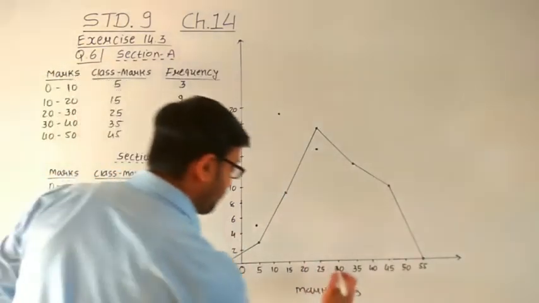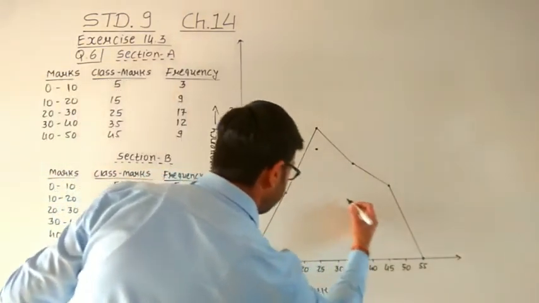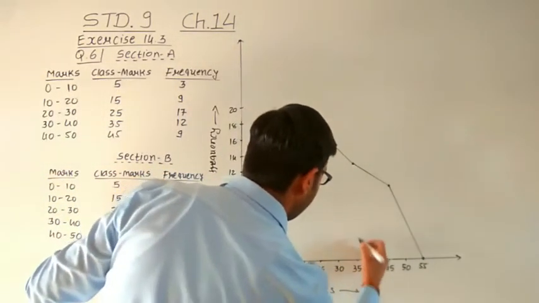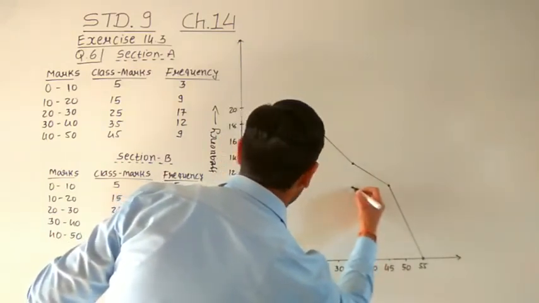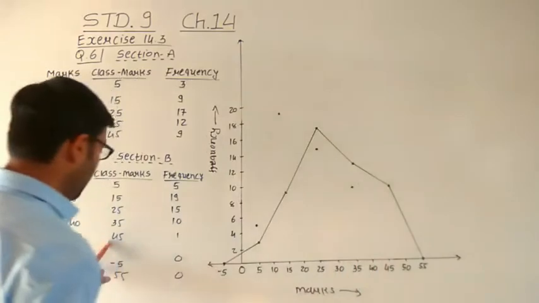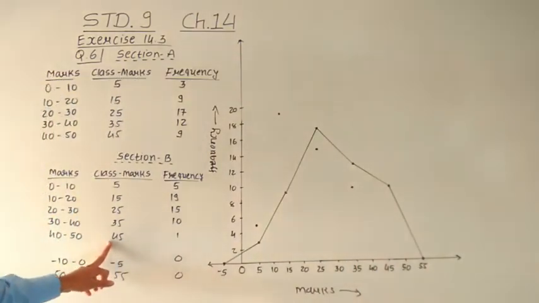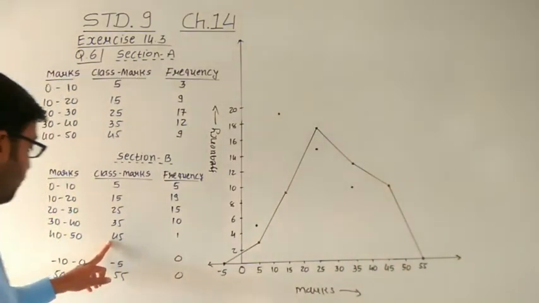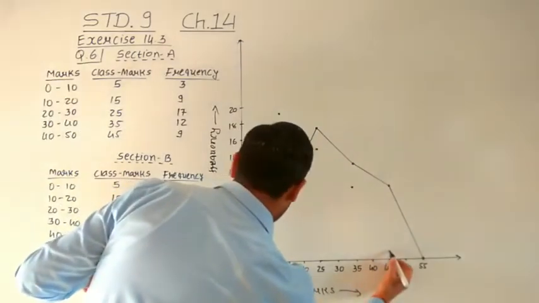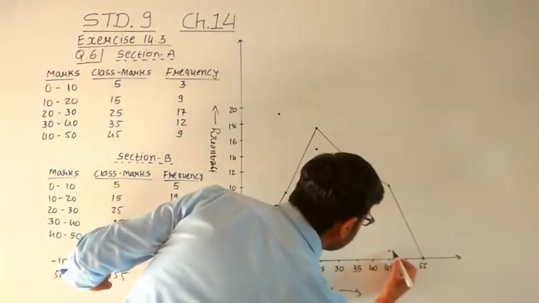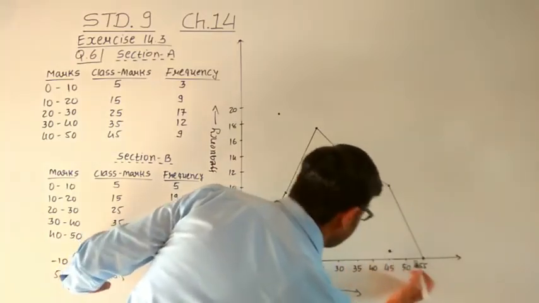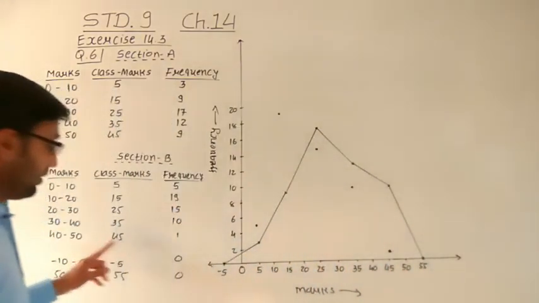Then 35, 10. 35 and 10, that means here we get this data. And 45, there is only one value. So 45 here we get the 1, that means between here, this one. Right? And the last point will be itself this one.